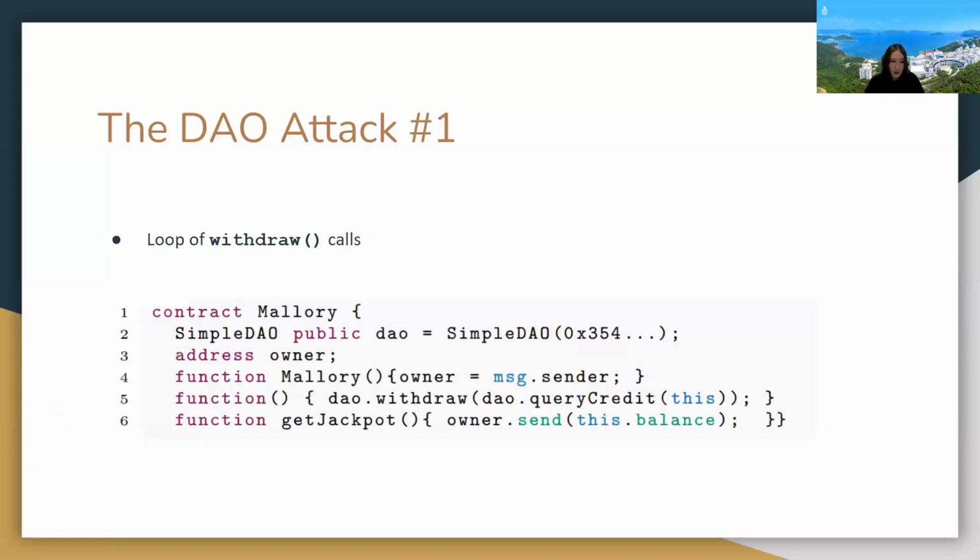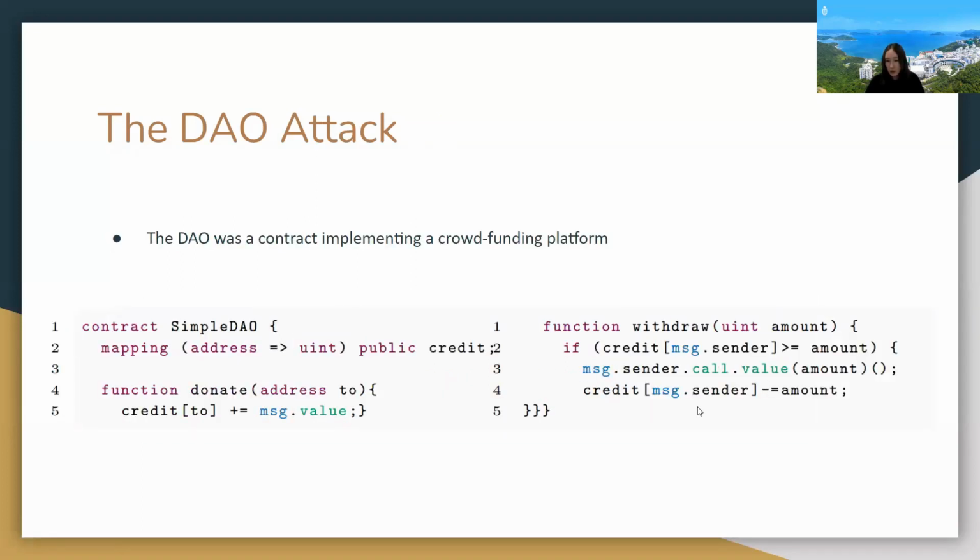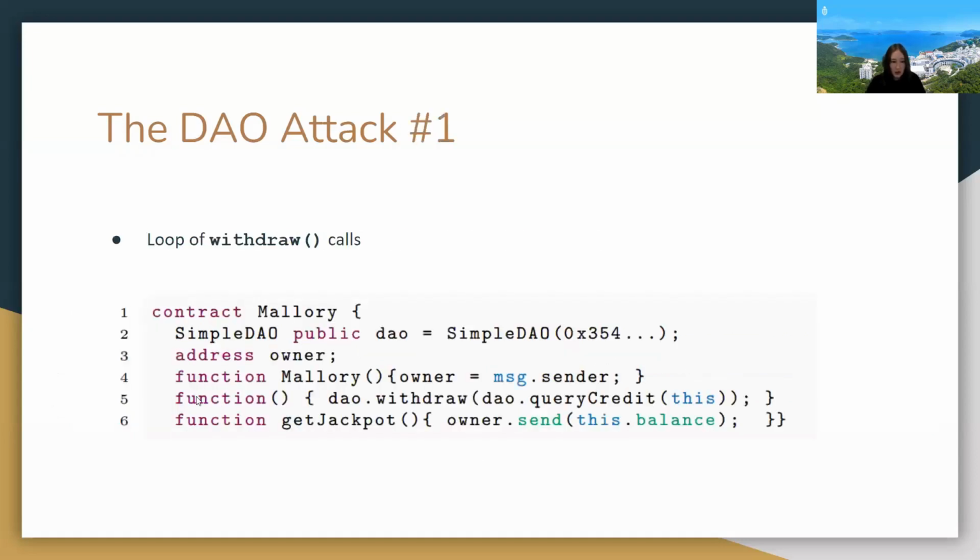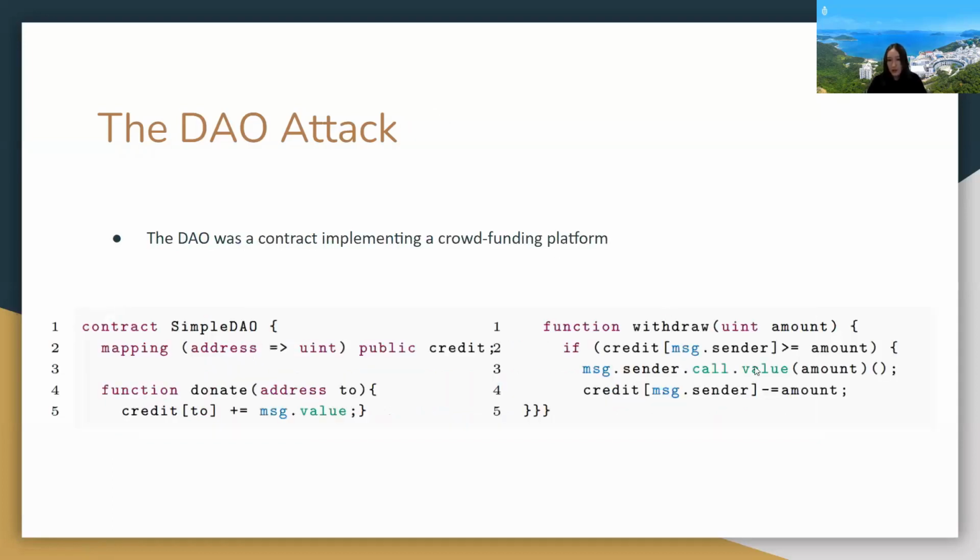Now let's see the attack. The first attack is a loop of withdraw calls. This is basically the reentrancy attack. We previously discussed the reentrancy attack, and we know that when we perform a call and send some assets to the contract, it might go to the fallback function. In the fallback function, we have the withdraw function again. So it goes back to the beginning of the withdraw function and sends the ether again, and the loop continues this way.